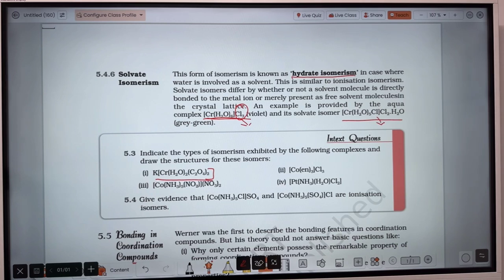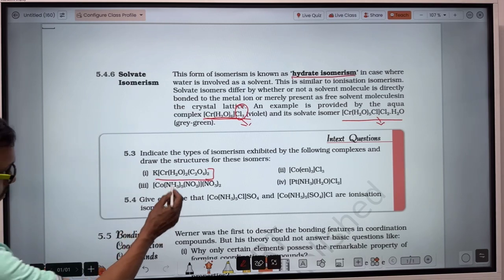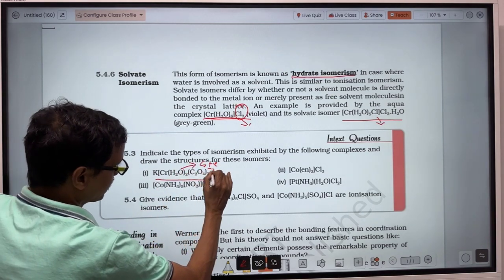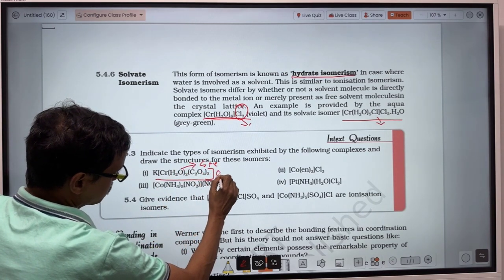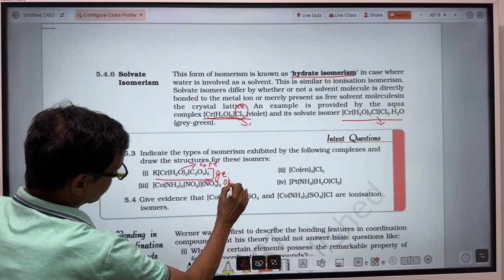That compound can show geometrical isomerism also. But among the structural isomerisms, it cannot show ionization isomerism or linkage isomerism or solvate isomerism or coordination isomerism. So this one can show only stereoisomerism, that means geometrical as well as optical.